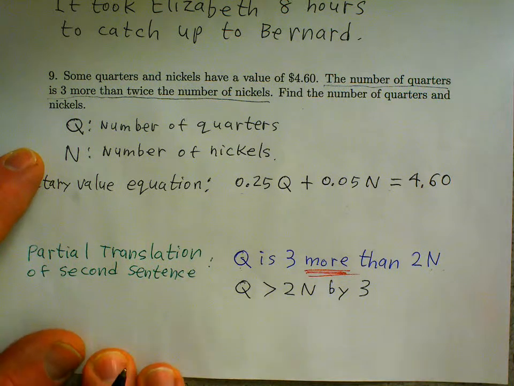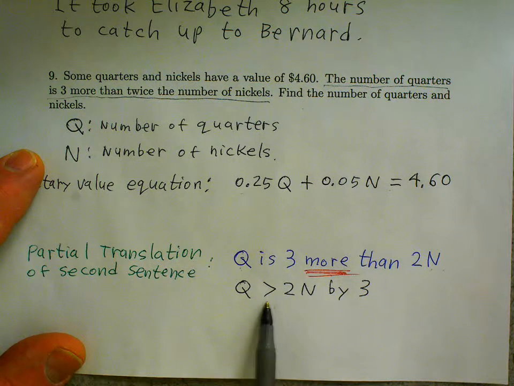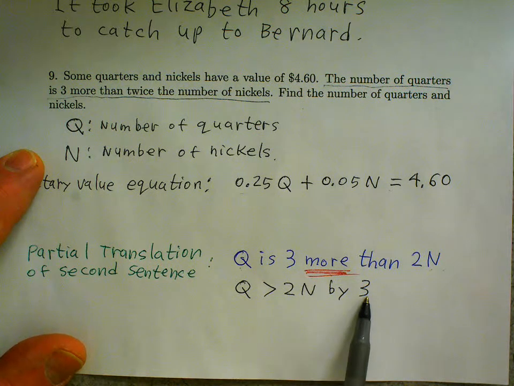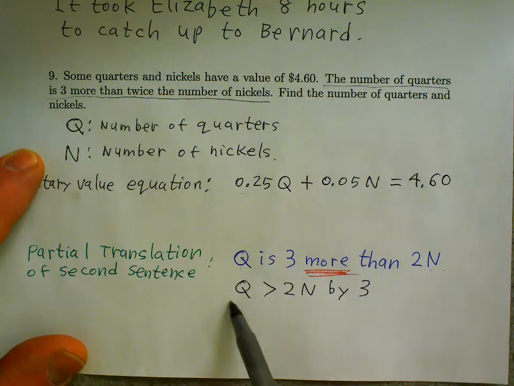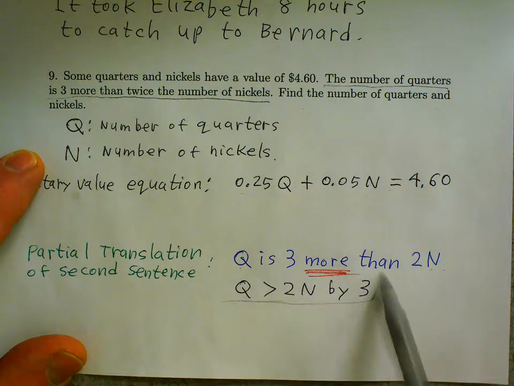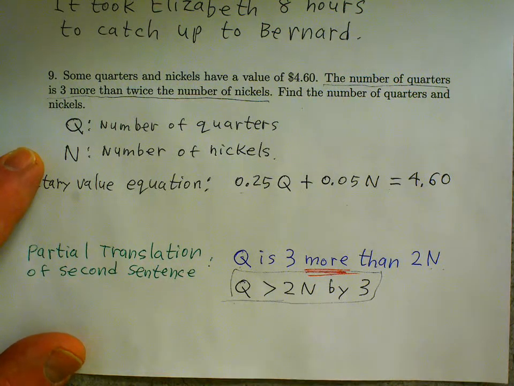Right? Q is 3 more than 2N. And we can convert this information into an equation. We can actually do it in 4 different ways. We just want one.